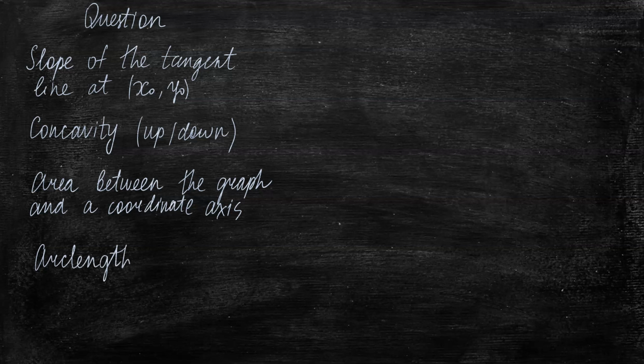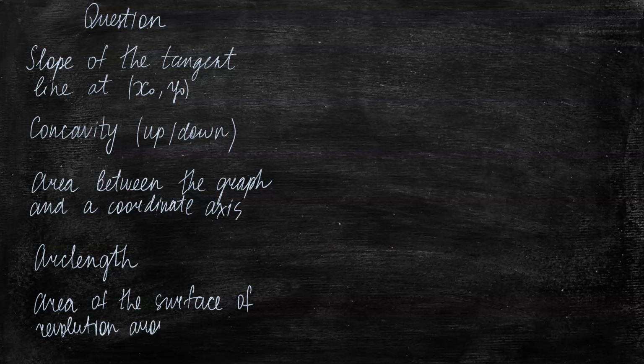And if you know how to find the arc length, then it's also part of calculus. And one last thing is, if you know how to find the area of the surface of revolution around some axis, it could be the coordinate axis or some other line, then we answer this question also using the means of calculus.